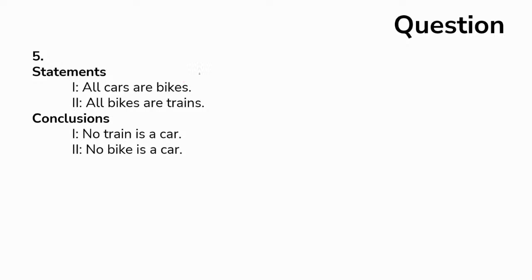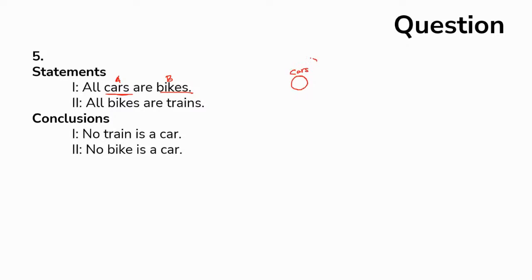As they have already mentioned, all cars are bikes. In reality, such things are not going to happen, so in such cases we are just going to consider this as A and B. Based on that, we will be drawing a syllogism diagram here. So all A are B, so all cars are bikes.